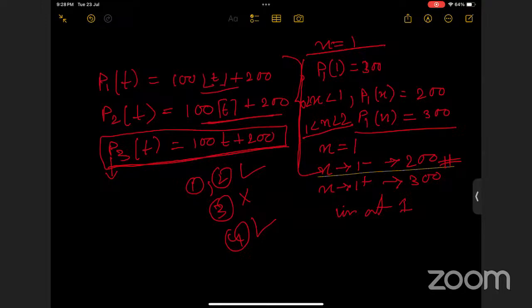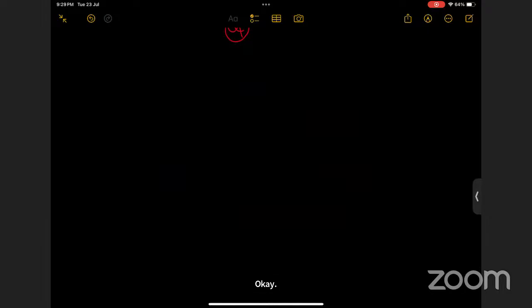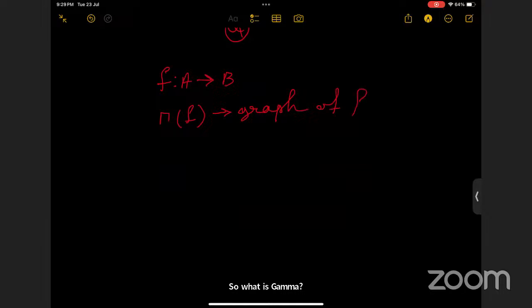Okay, so this is the question. If F from A to B is a function, where A, B are finite subsets of R, which of the following options are correct? The cardinality of gamma F. Gamma F is basically the graph of F, meaning x comma f(x). So we have a function F from A to B. What is gamma F? This is the graph of F, right?